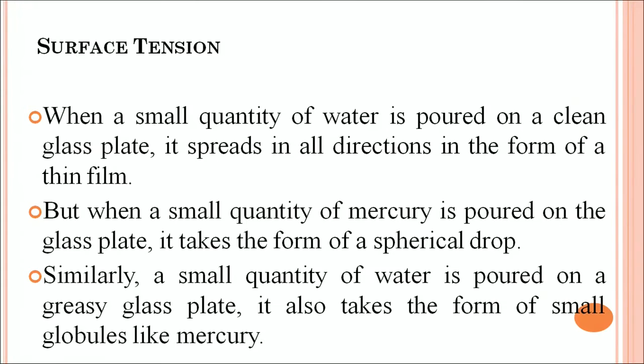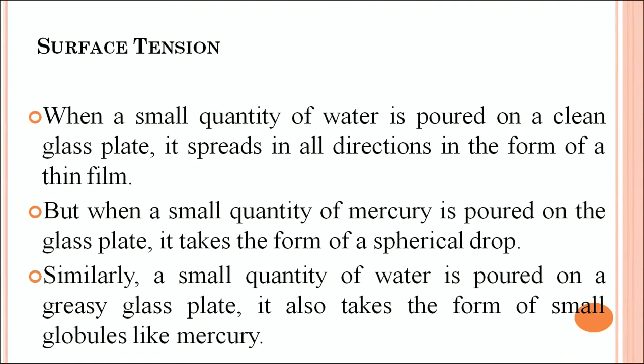When we take a small quantity of water and pour it on a clean glass plate, it spreads in all directions in the form of a thin film. You all have noticed. But when we take a small quantity of mercury and pour it on the glass plate, it takes the form of a spherical drop.